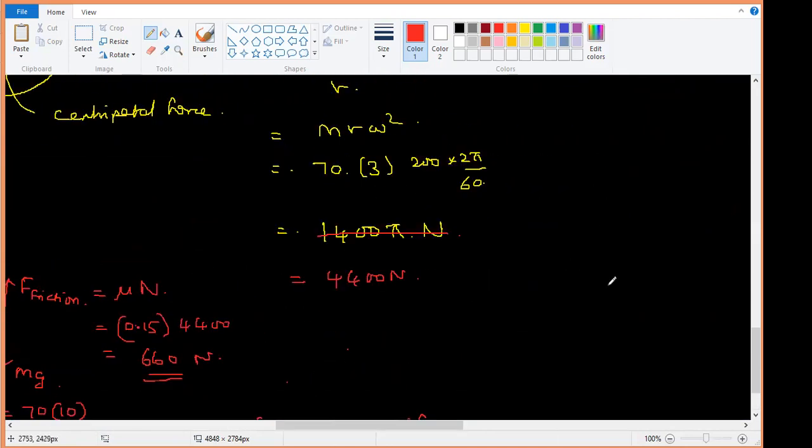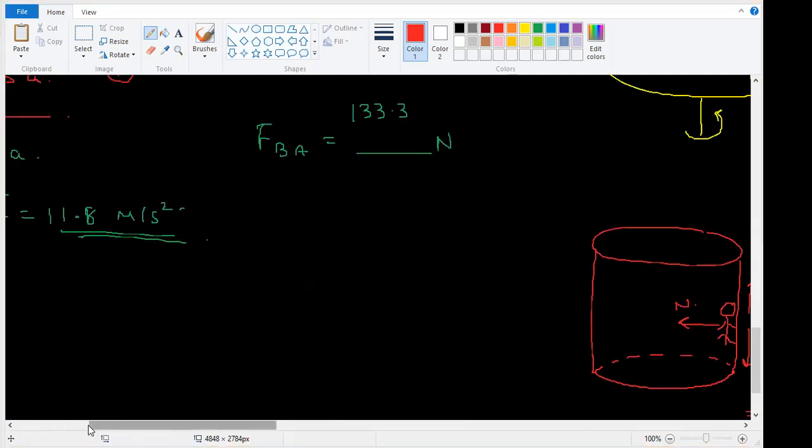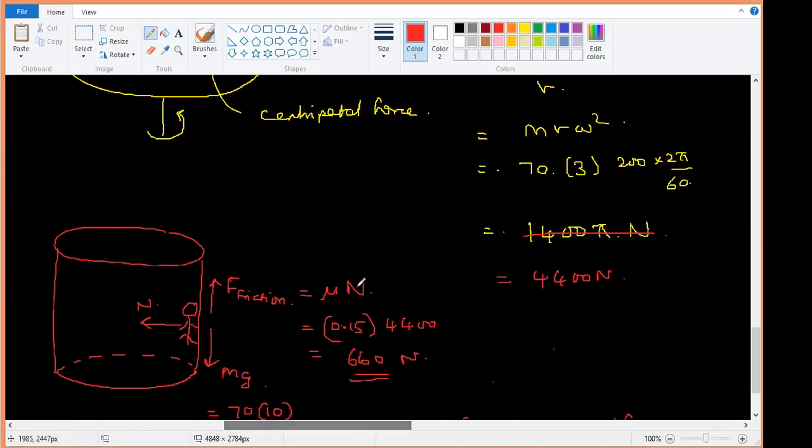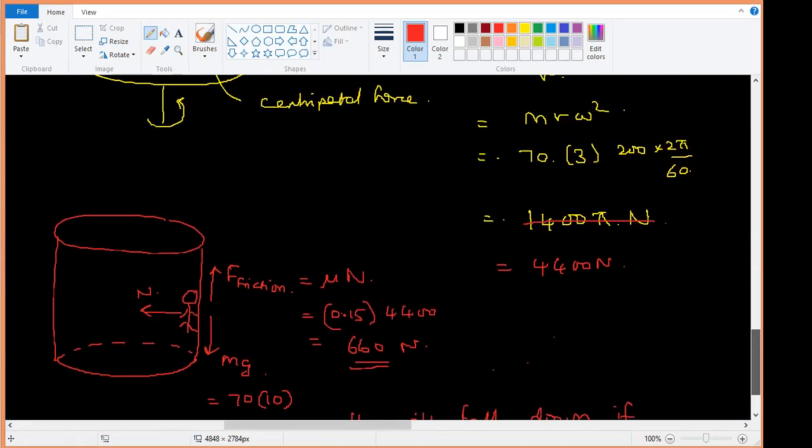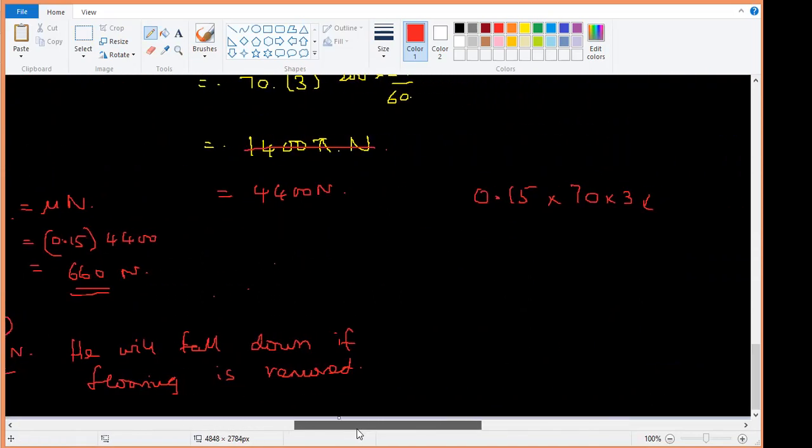So basically 700, so 0.15 into this value, 70 into 3 into... I don't know this RPM, so N minimum.